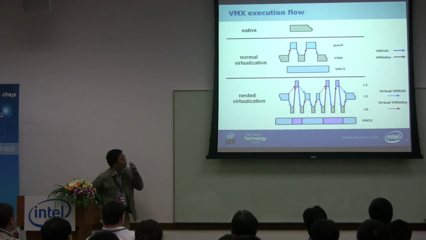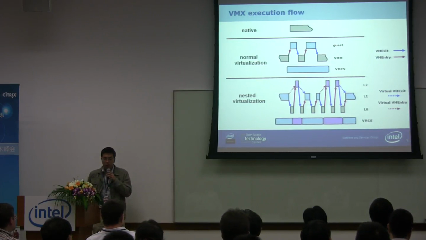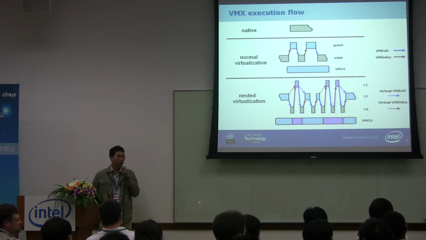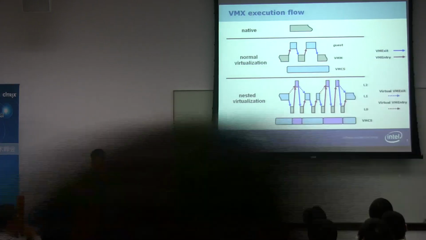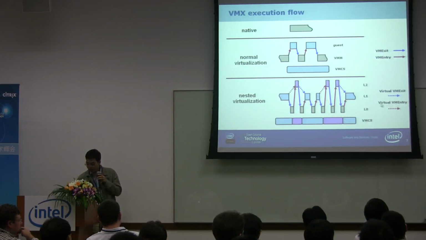Level 0 can intercept this VM entry call, and when it sees this VM entry, it switches to the level 2 shadow VMCS, and then re-enters guest mode, and it goes to the level 2 guest.